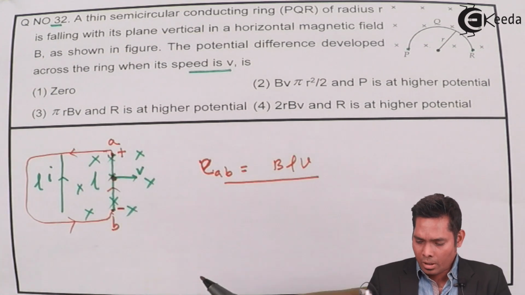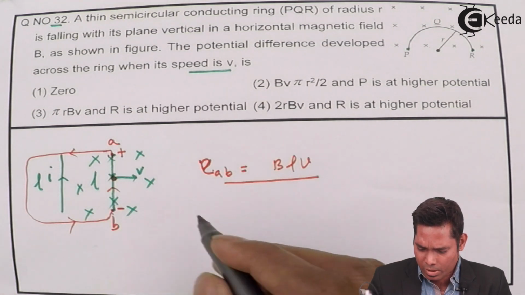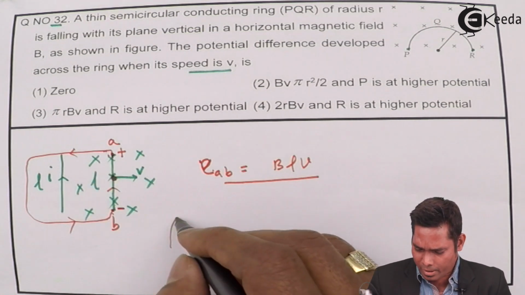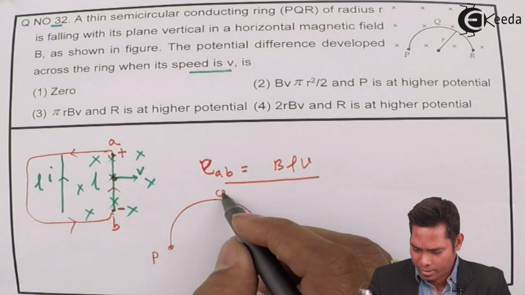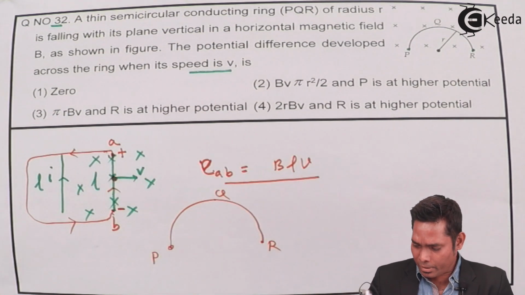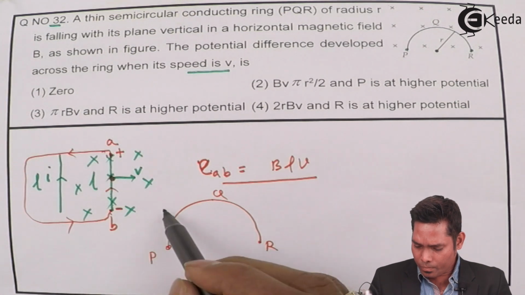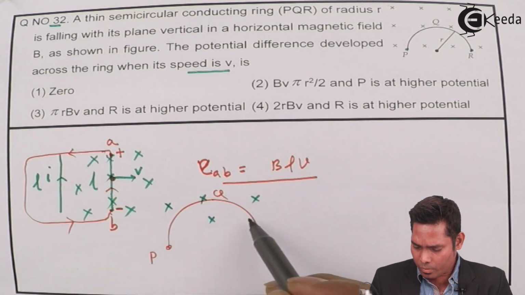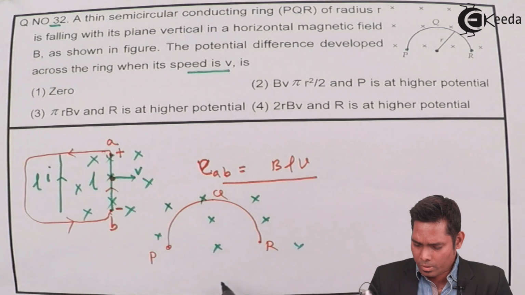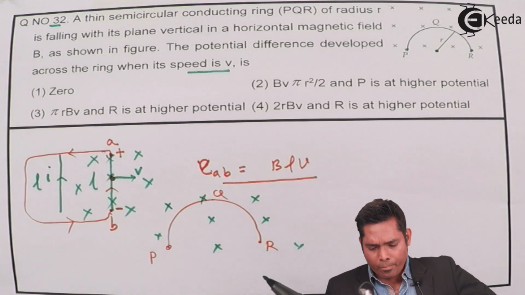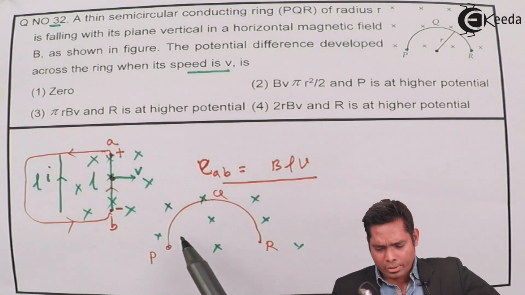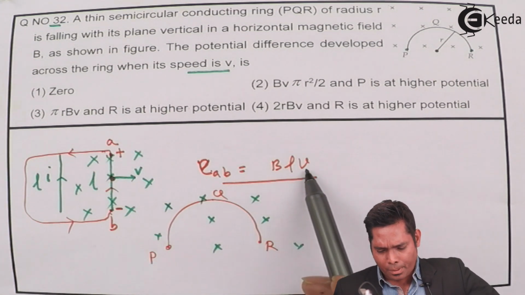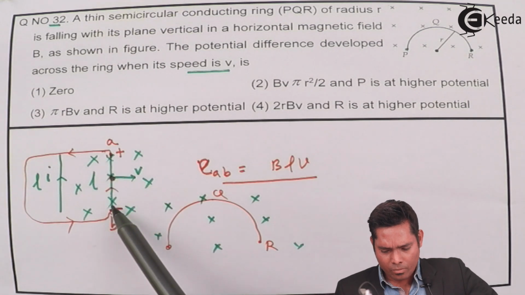Now, in place of this straight conductor, if I have a conductor like this, a PQR conductor, and the magnetic field is into the page, this formula is directly used when V is perpendicular to the length.